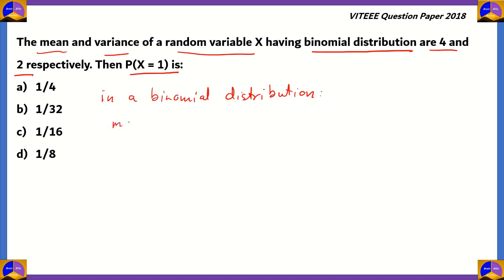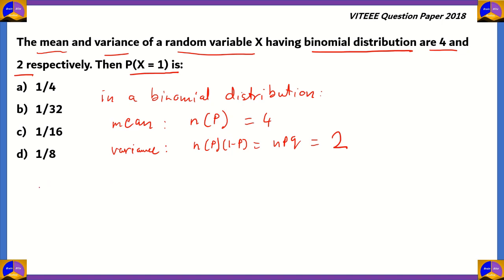In a binomial distribution, the mean is calculated as n times p, which in this case is 4, and the variance is calculated as n times p times 1 minus p, which is npq. In this case, that is 2.